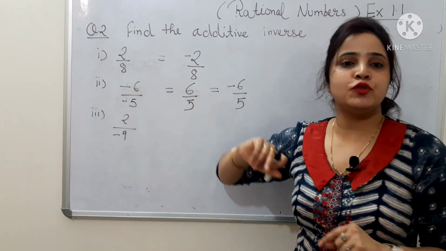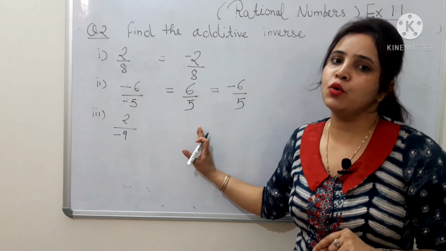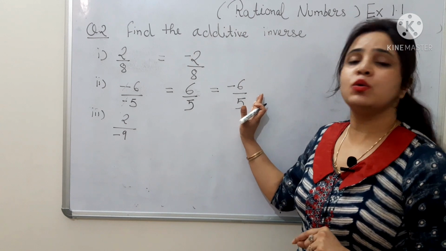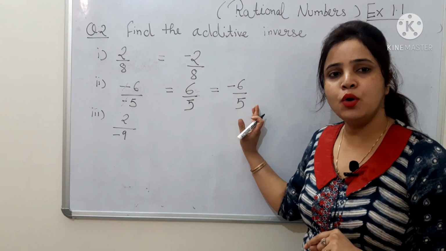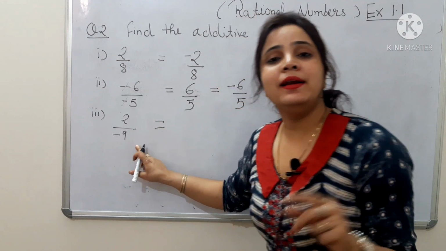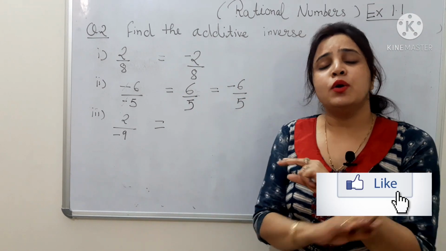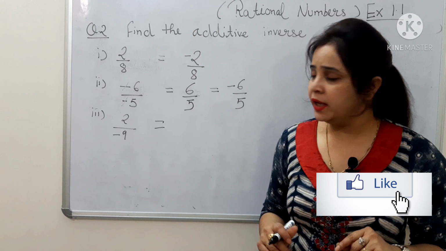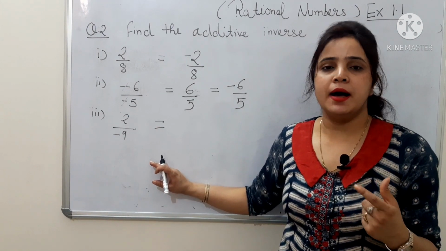First of all, you have to cut your minus with the minus and you are getting here 6 upon 5, and then find out the additive inverse or negative of the number. That is minus 6 upon 5. Clear? Now, why have I taken all these questions? So that your confusion will be over. Okay, you will be able to deal with each and every type of question in the exam.